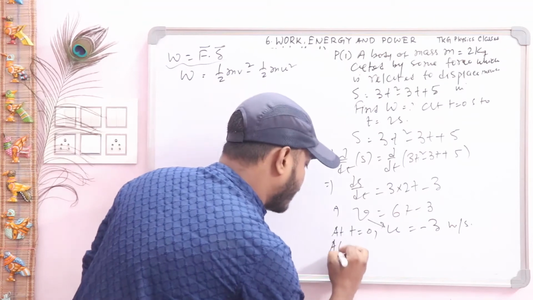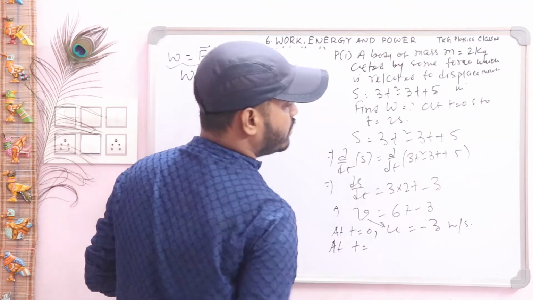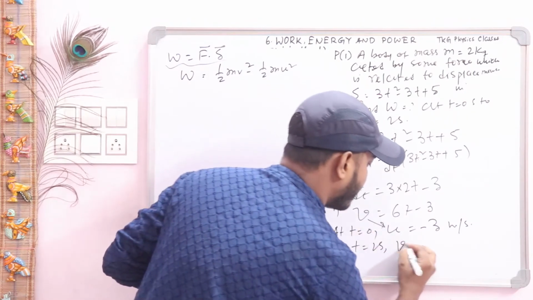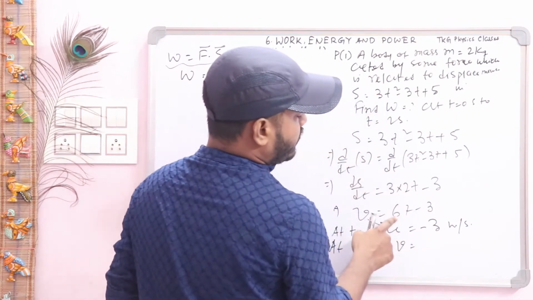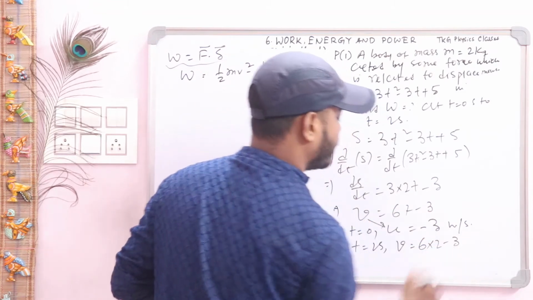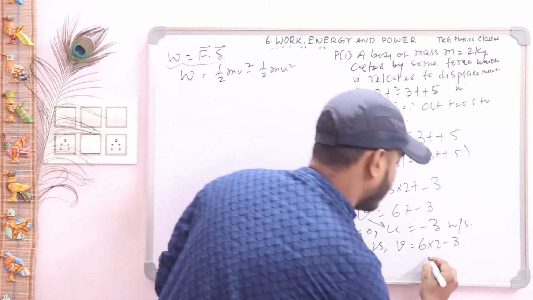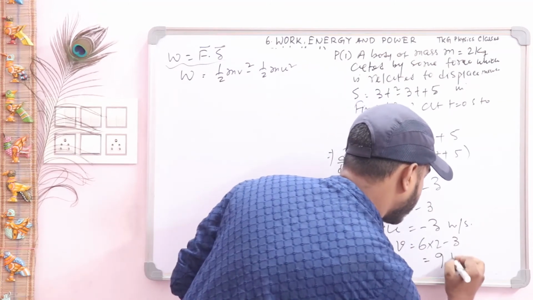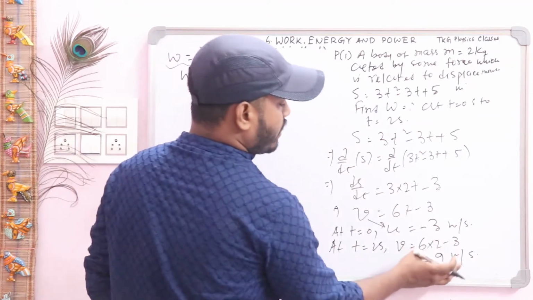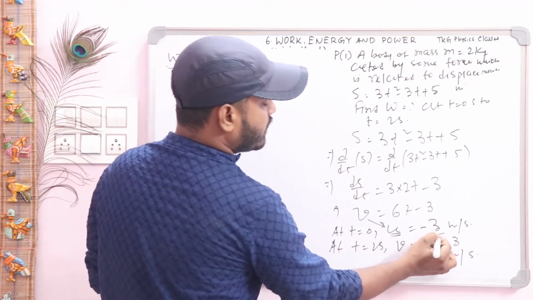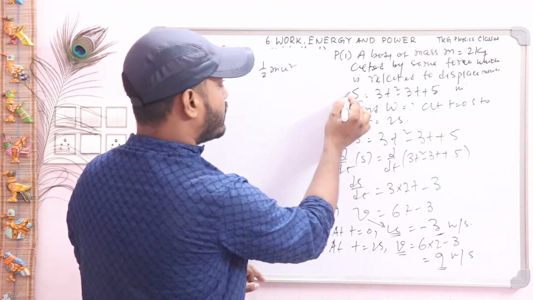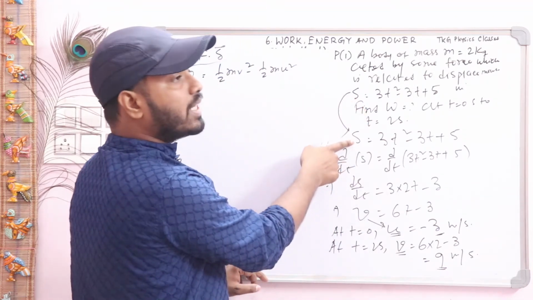And at time t equal to 2 seconds, this velocity will be the final velocity, and this will be 6 into 2 minus 3, that is 12 minus 3, that is 9 meter per second. So this is the initial velocity, minus 3, and this is the final velocity, and we found these values with the help of the given displacement.